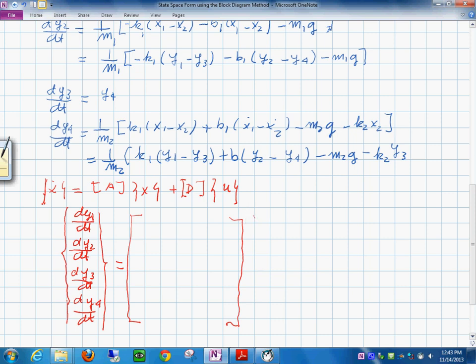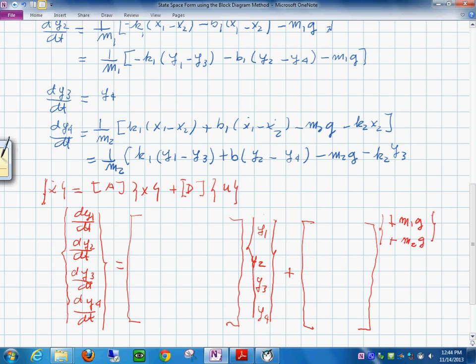And then you have to multiply this matrix by y1, y2, y3, and y sub 4 plus the inputs, in this case minus m1g and the other one was also m sub 2 times g. Later on we put the minus sign where it belongs.